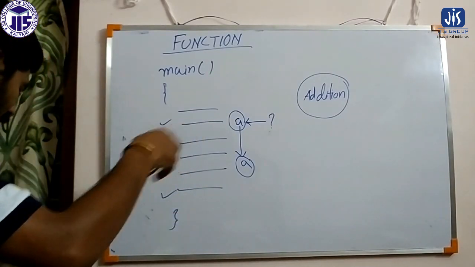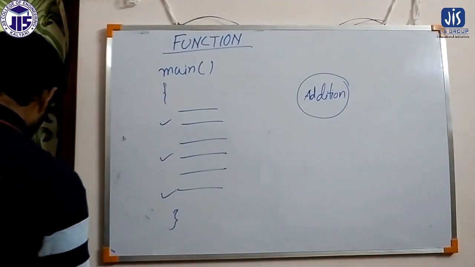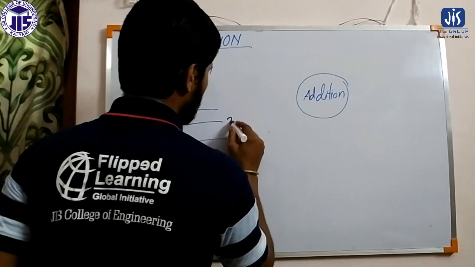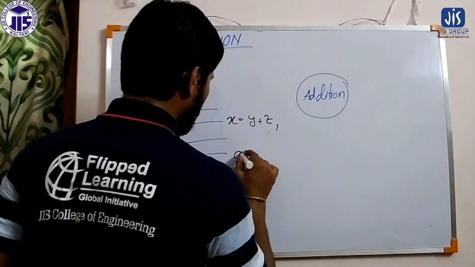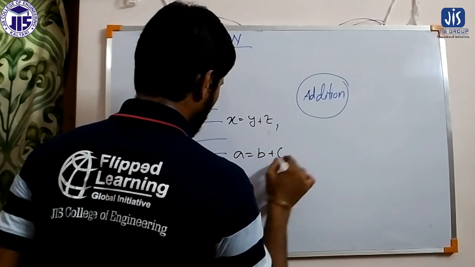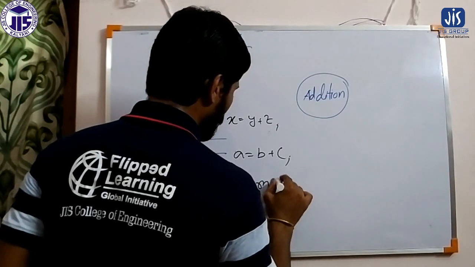As in this example, the addition operation, we write x equal to y plus z. Again we have to write a equal to b plus c. Again we have to write p equal to m plus n, and so on.